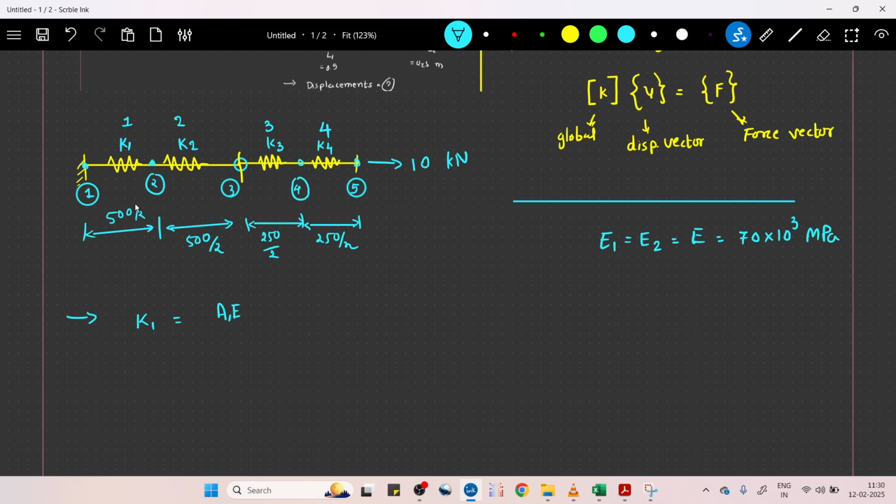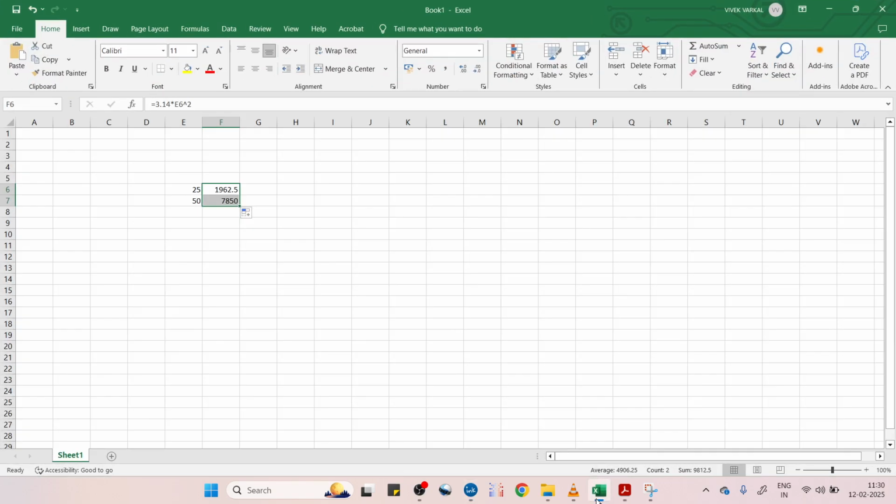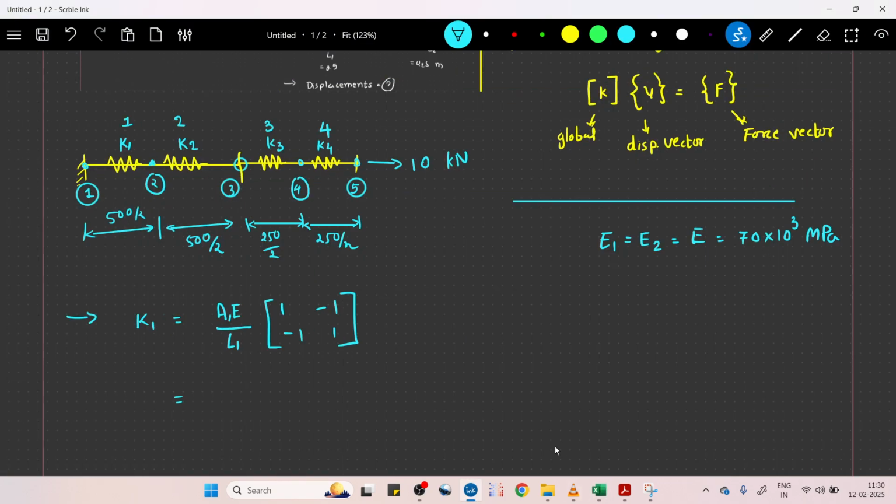A1, which I have already calculated, is 1962.5 mm square. So 1962.5 times 70,000 divided by the element length, 500 divided by 2.